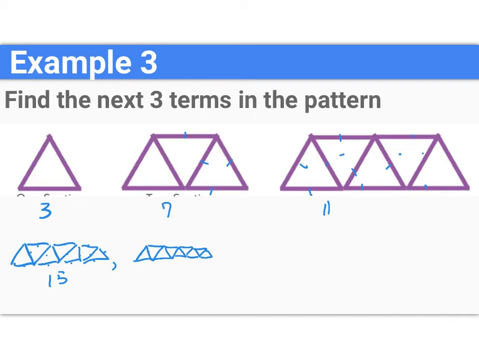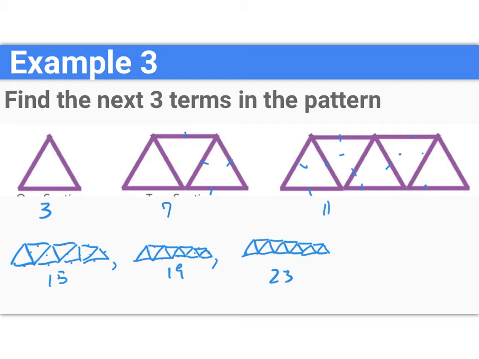So count 1, 2, 3, 4, 5, 6, 7, 8, 9, 10, 11, 12, 13, 14, 15, 16, 17, 18, 19, which is plus 4. And the next one should come out to 23.